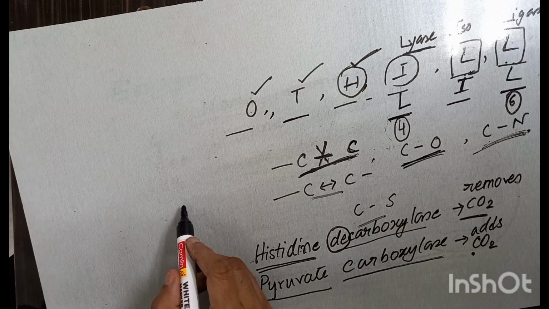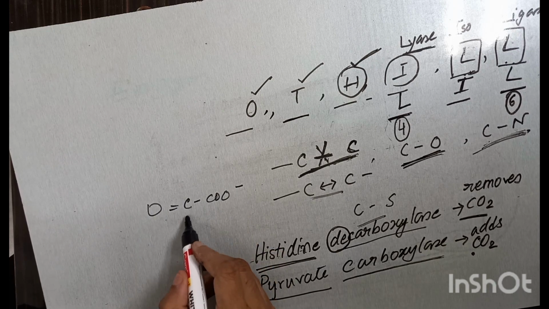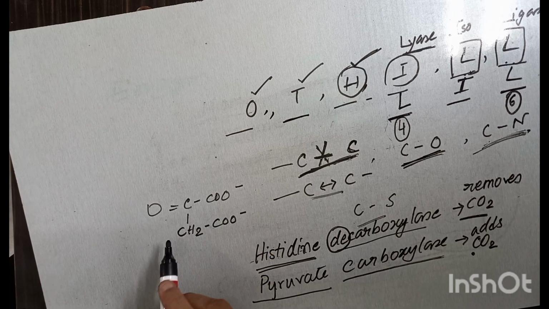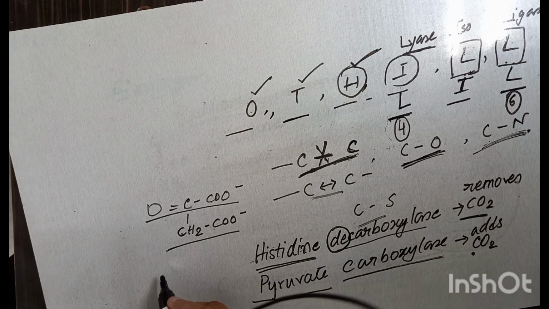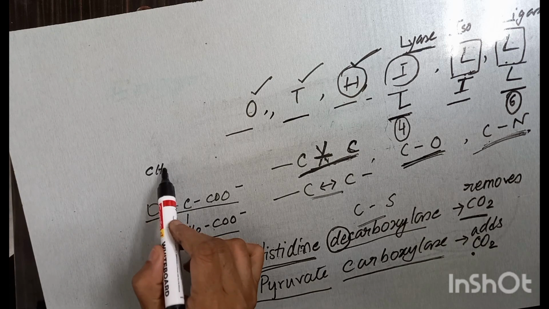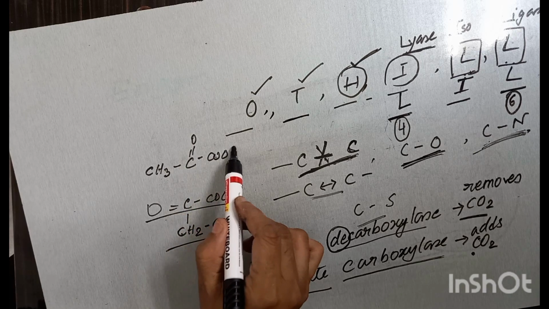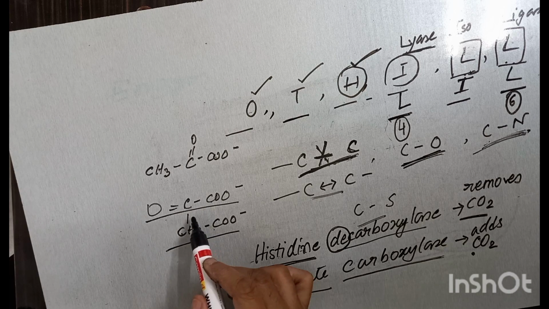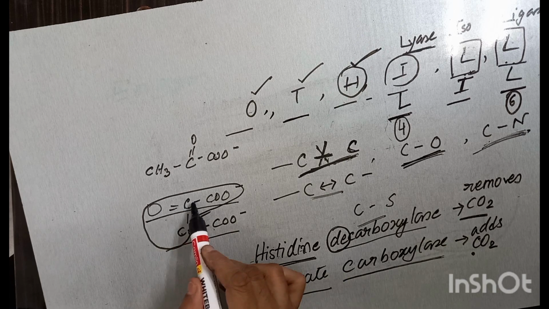Oxaloacetate. You know that C double bond O is an oxalo group, and this is an acetate group. Oxaloacetate has 1, 2, 3, 4 carbons. What is pyruvate? Just previously I taught you what pyruvate is. CH3, CO, COO minus. So this much was pyruvate, CH3COCOO minus.